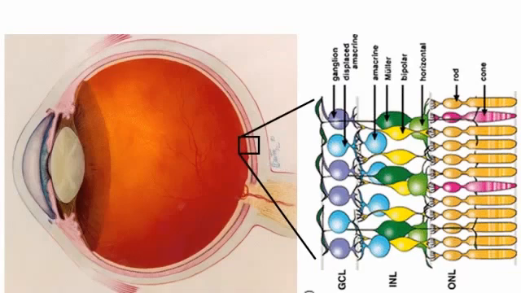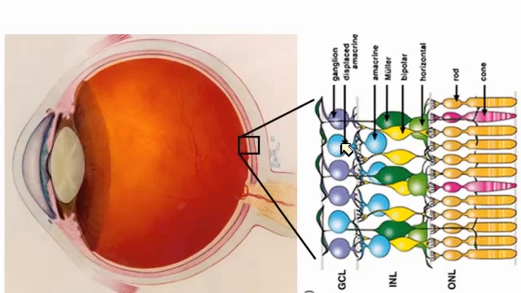Light information gathered by the rods is sent forward to the retinal ganglion cells via the bipolar cells. The horizontal cells, which are shown in green, and the amacrine cells shown in blue, are actually interneurons that help process the light signal. So all of these cells are important for facilitating the transmission of light from the photoreceptors to the brain.